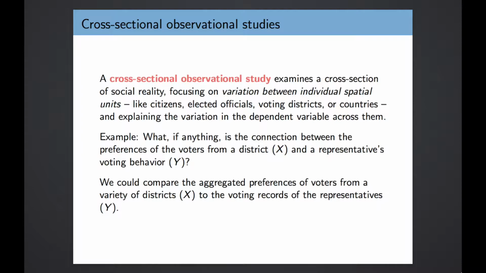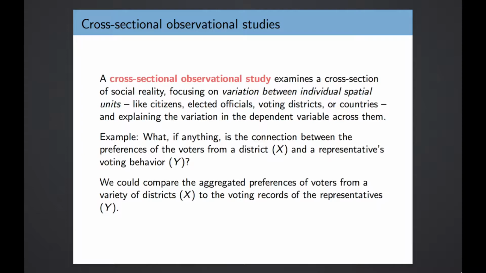So an example of this would be if we wanted to know what the connection was between voter preferences in a particular district and the behavior of the representative of that district in terms of voting. So the outcome is the representative's voting behavior, and our independent variable is voter preferences.